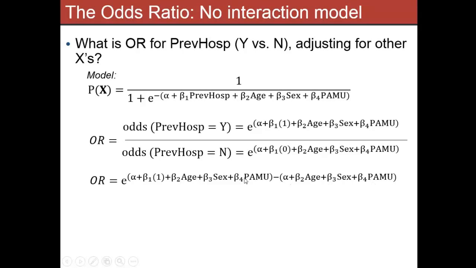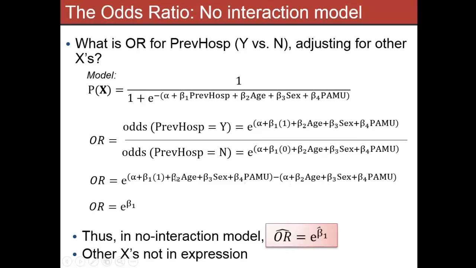And when you start subtracting, now things start to cancel out, right? So the alpha minus alpha goes away. Beta 2 times age, minus beta 2 times age, that goes away.